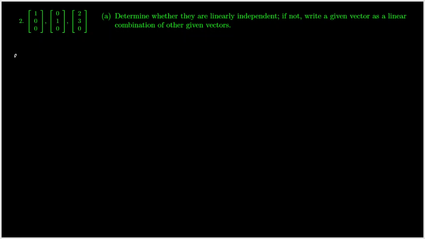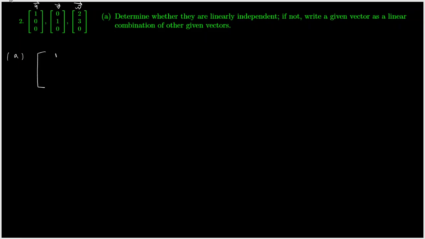Now for question A, we form a matrix with the components of the vectors in columns. In order to make it easier to communicate, I'm going to call the first vector U. I will call the second vector V. The third vector W. So I do not have to write all the components in many cases. For question A, again we form a matrix with the columns of U, V, and W.